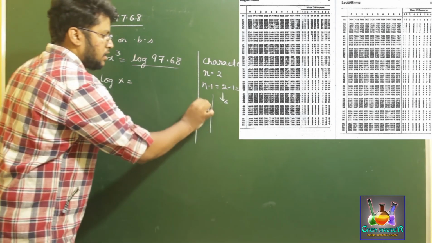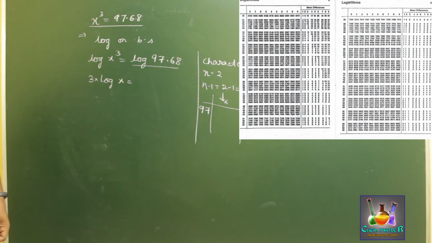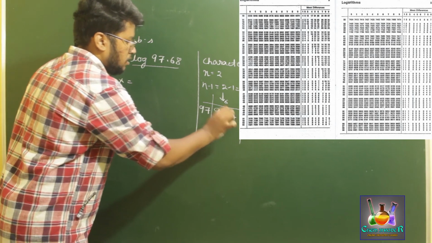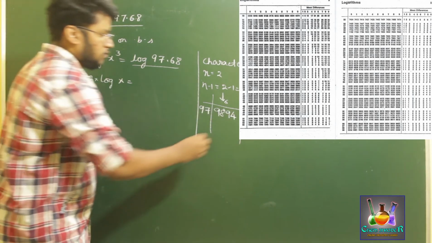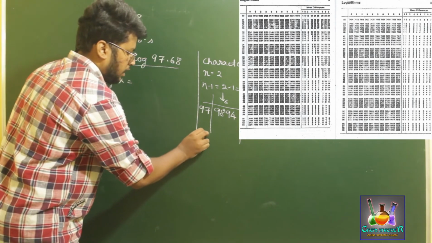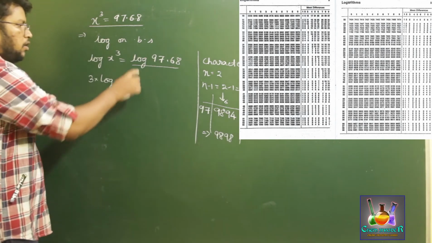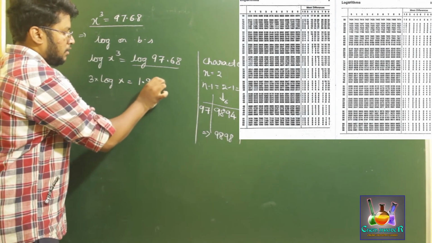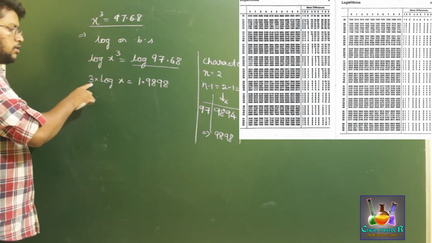The value of 97 under 6 is 9894, and under the mean difference of 8 it is 4. Therefore we get the mantissa 9898. So log of 97.68 is 1.9898, and this is the value of 3 into log x.